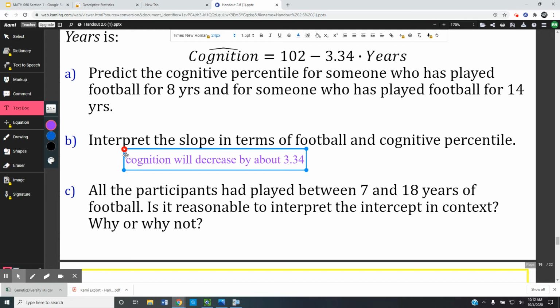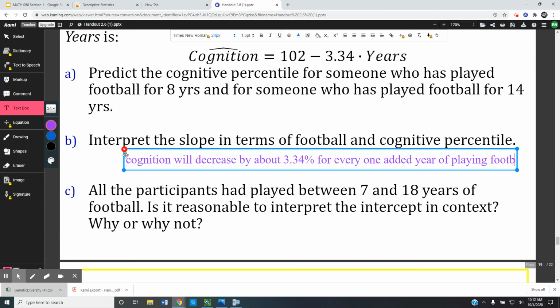This is percentage in here because it's cognition. 3.34% for every 1 added year of playing football. Something like that, but it's got to say all those things.